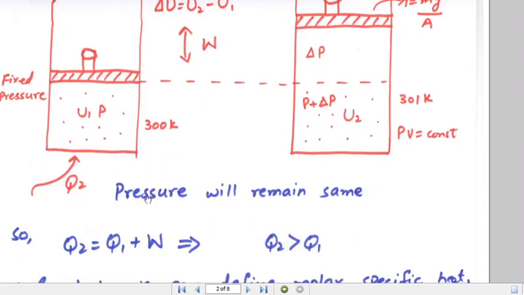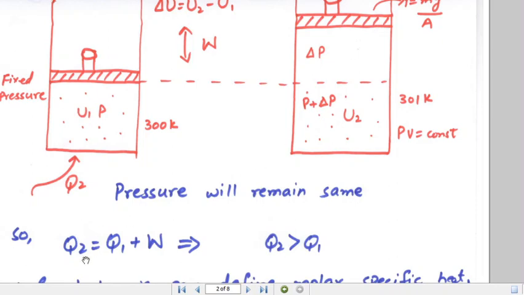What the difference in this case is that the heat added, the Q2 in this case, is not only used to increase the internal energy of the system, but it is also used to do some useful work on the piston.